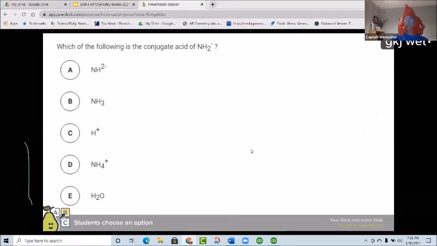So if NH2 is a base, what would it become when it absorbed an H? And the correct answer there is B, right? So NH2 minus absorbs an H and becomes NH3. That is the conjugate acid. And the NH3 could give up an H and turn back into NH2 minus. That's why we call it a conjugate acid.